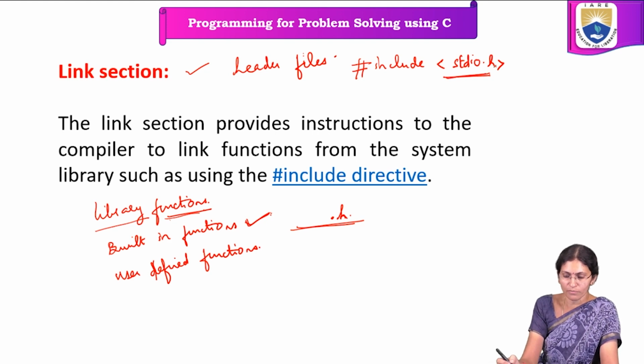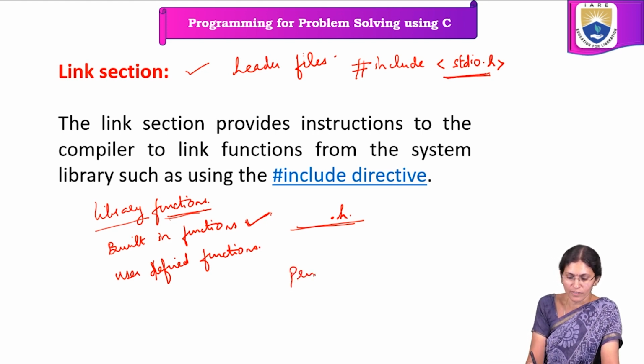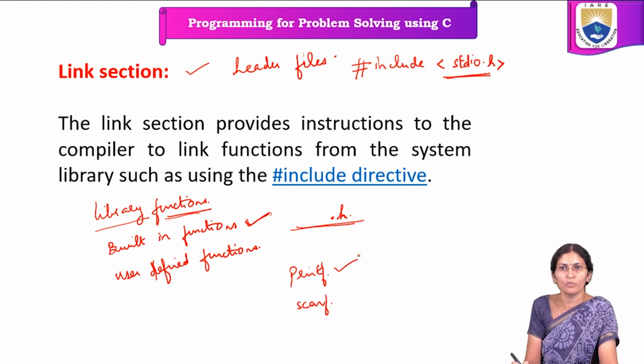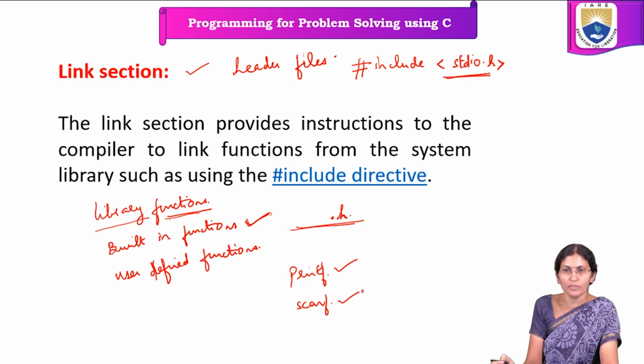The program uses functions like printf and scanf. printf is used for output and scanf is used to take the input. These are input and output functions. The definitions for these two functions are included in stdio.h.